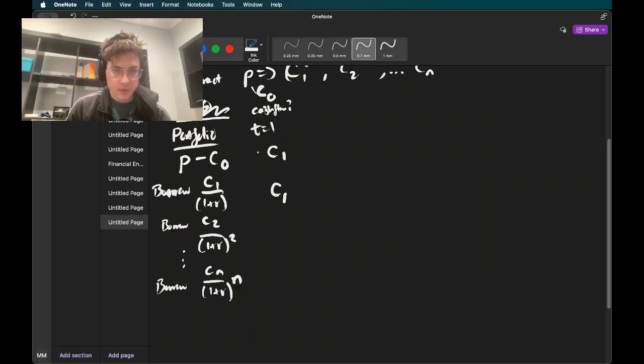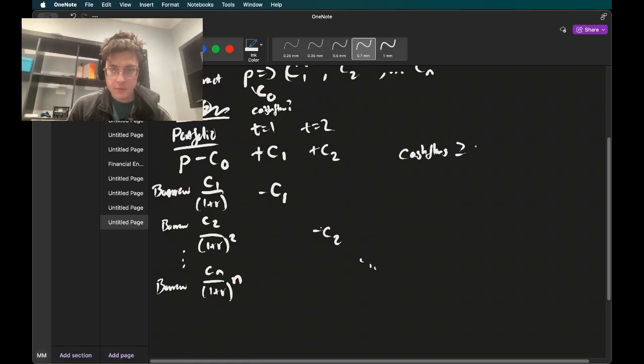So our contract gives us C1, and then we have to pay back C1. And then our contract here gives us C2, and then at time period 2, we have to pay back C2, and so on. And so all of these cash flows are greater than or equal to 0.